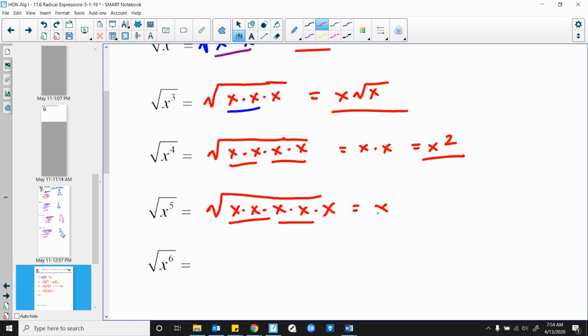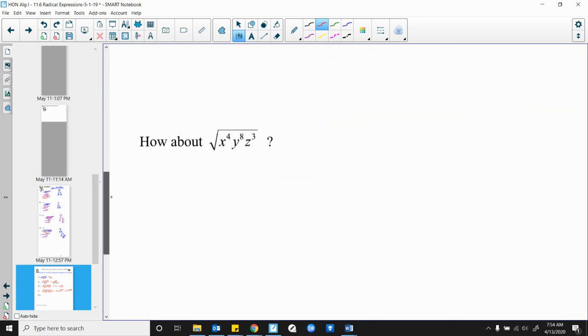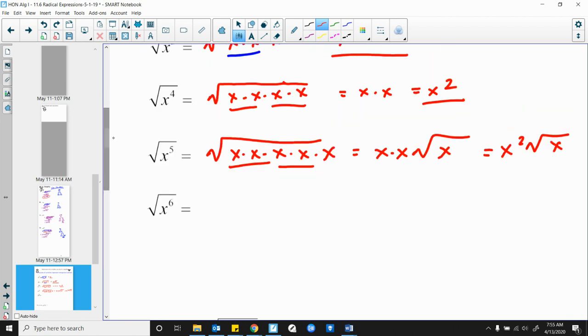We'll take an x times an x outside and have an x left inside. The square root of x to the 5th power is going to be x times x, which is just x squared, and then inside would still be that leftover x.